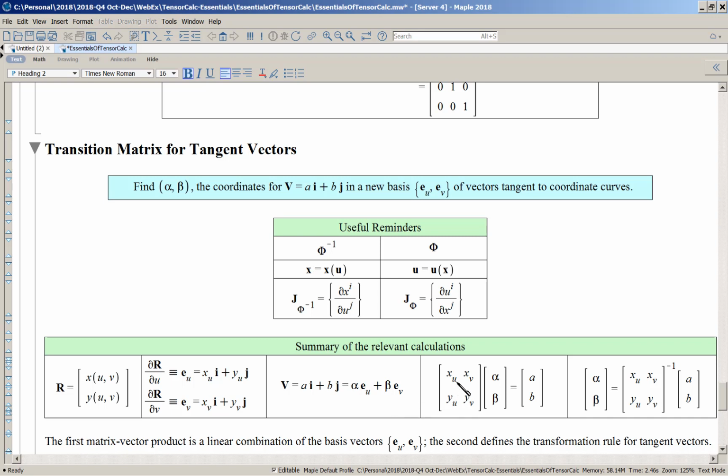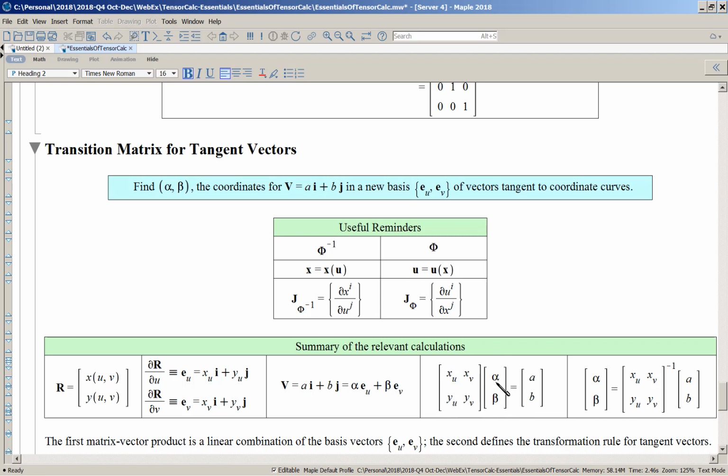If you write this matrix product, you're getting alpha times dx du and alpha times dy du. So this matrix product takes a linear combination of this column and this column. That's what this matrix product does.